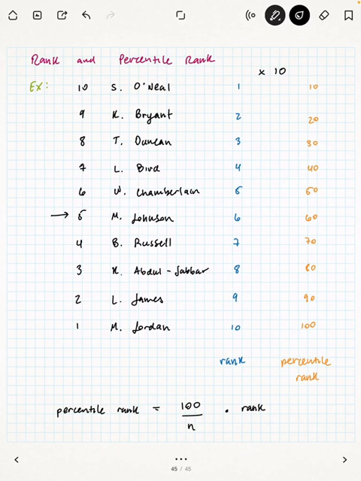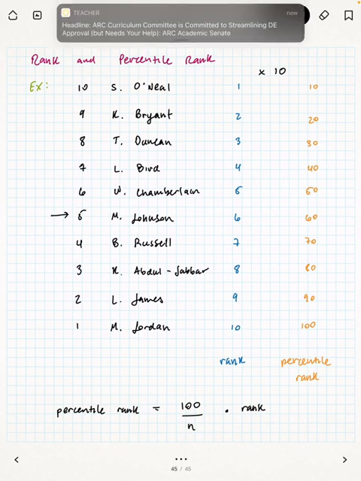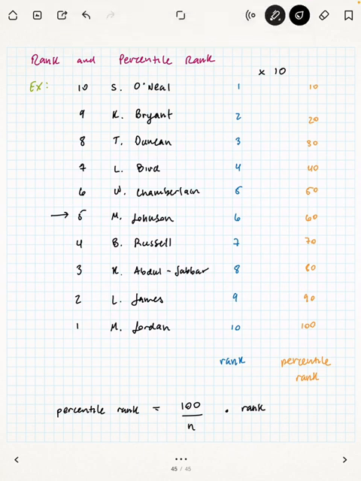And that also means that Magic Johnson is better than or as great as 60% of the data set. So this 60% is really representing something about everyone below whoever is at that spot.